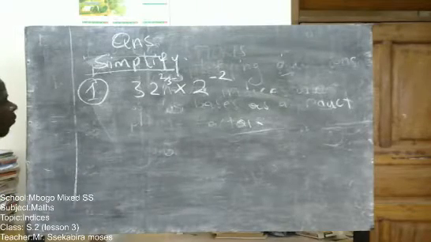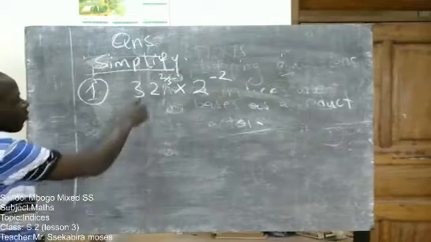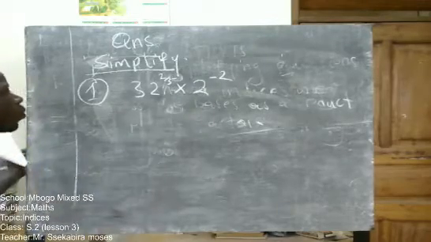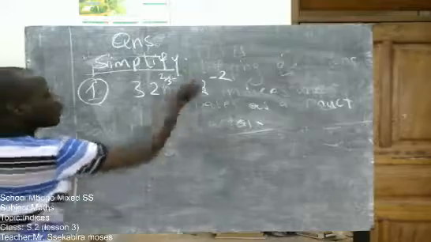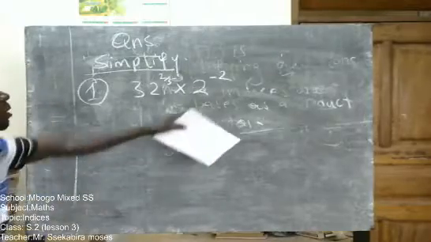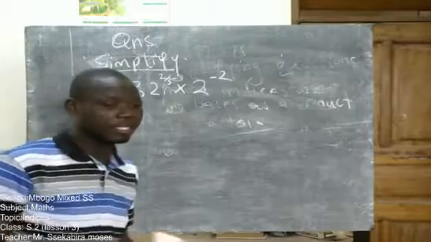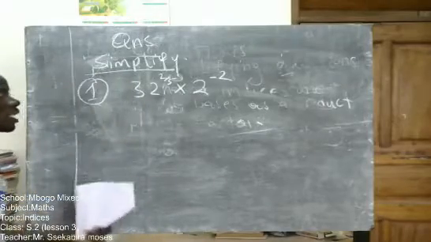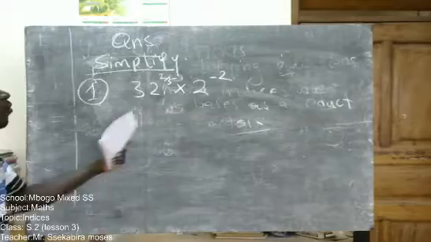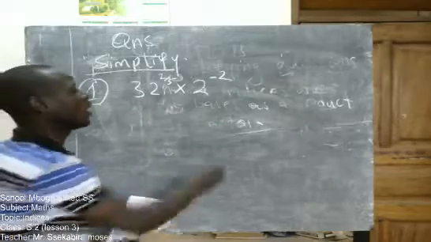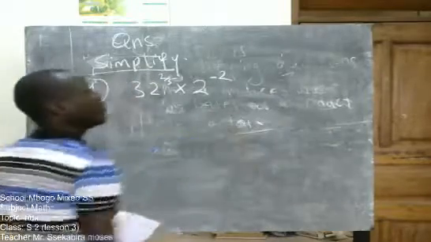However, we have two bases. We have 32 and we have 2, implying that 2 is a prime number, our base 2. But is 32 a prime number? No, 32 is not a prime number. Therefore, we express 32 as a product of prime factors.